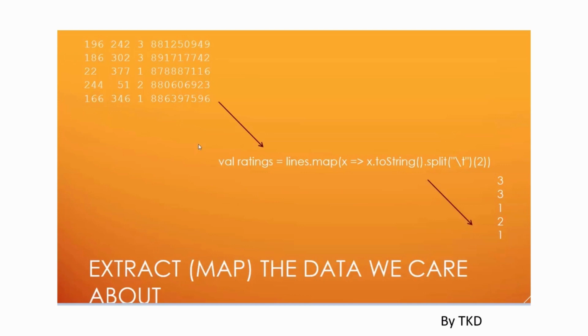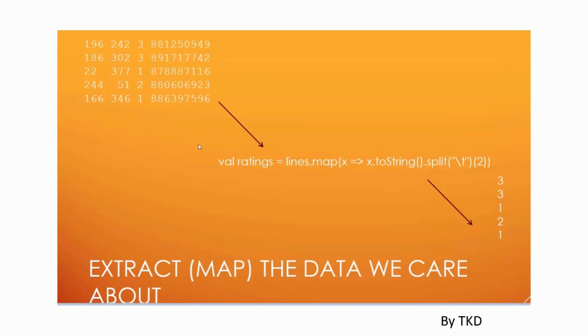Remember, we start counting at 0. Field 0 is the user ID, 1 is the movie ID, and 2, the movie rating, is the one we care about.